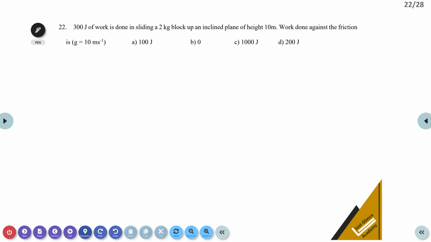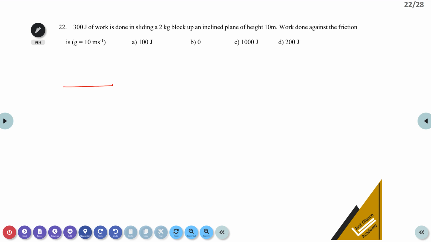Question 23. 300 joule of work is done in sliding a 2 kilogram block up an inclined plane of height 10 meter. Draw the diagram.